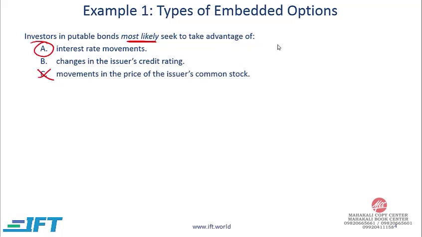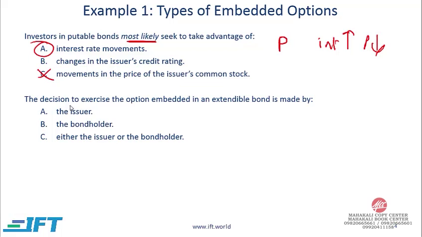If you think about the price of a bond, when interest rates go up, the price of the bond comes down. So if interest rates do come up and the bond is trading at a discount, a put option will be extremely valuable because now the bondholder can give the bond back to the issuer at par value and benefit relative to the market price.